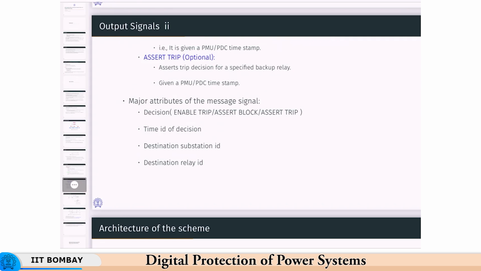Then the destination substation ID and the destination relay ID: which substation should this signal go to, and within that substation which relay has to be blocked or allowed to trip. So, these four attributes are the important attributes of that signal.